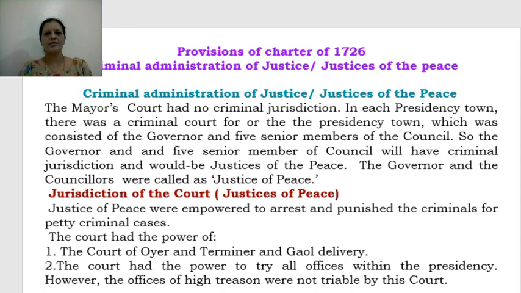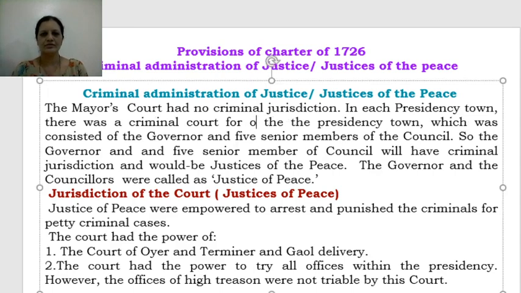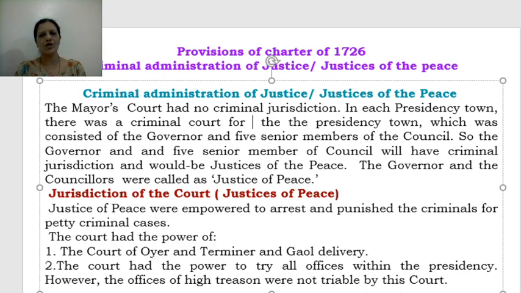Let's discuss the criminal jurisdiction, the criminal administration of justice, and for this, justices of peace were appointed. So the mayor's court had no criminal jurisdiction. In each presidency town, there was a criminal court, which consisted of the governor and five senior members of the council.